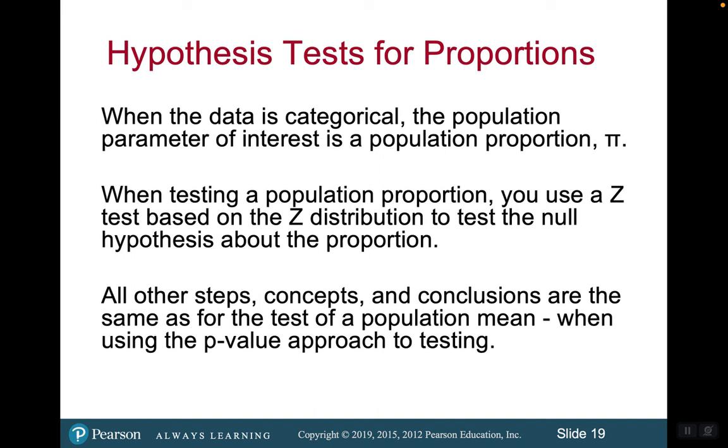When we're looking at the proportion versus the mean, if we're looking at the population proportion, use the z test based on the z distribution to test the null hypothesis. And it works the same way. We use the exact same approaches as we were talking about earlier for the proportions.